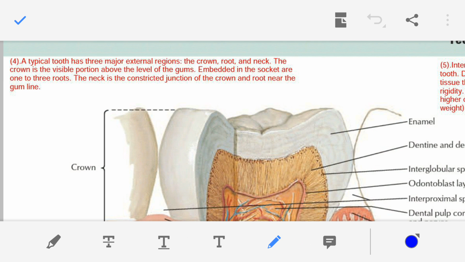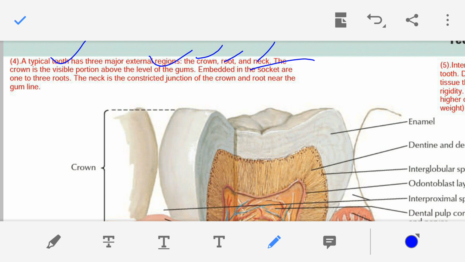These three regions, the crown, root, and neck, are the three regions of a typical tooth.